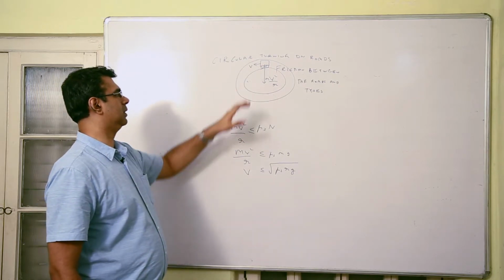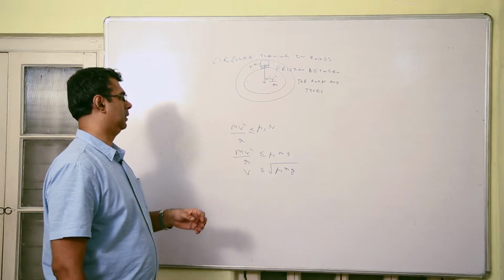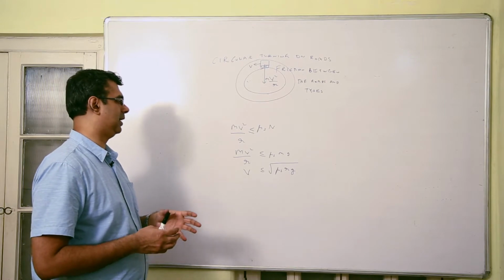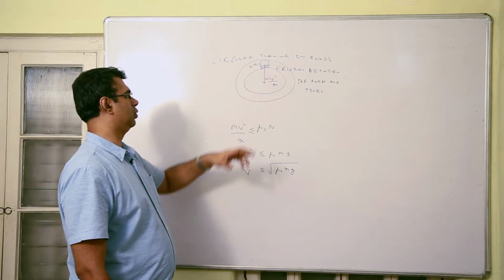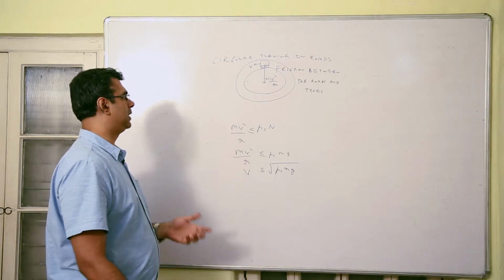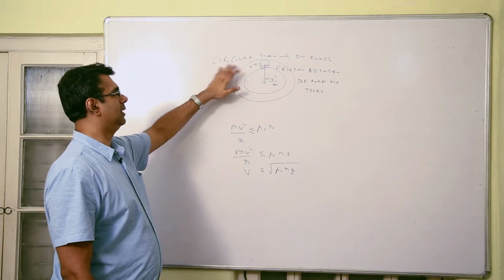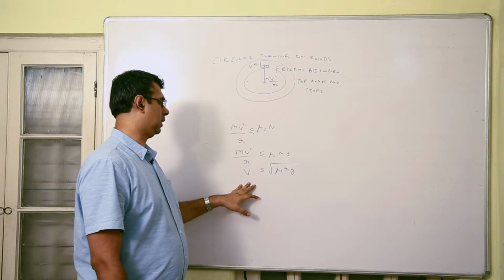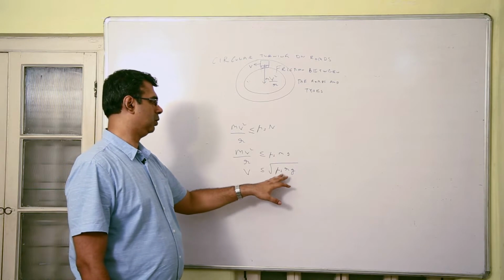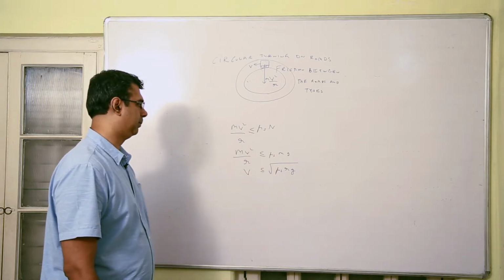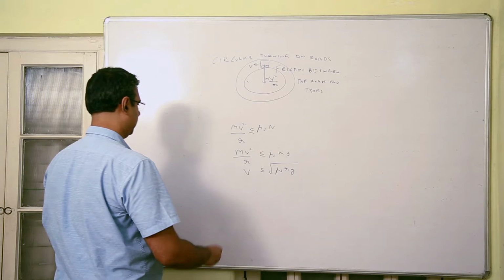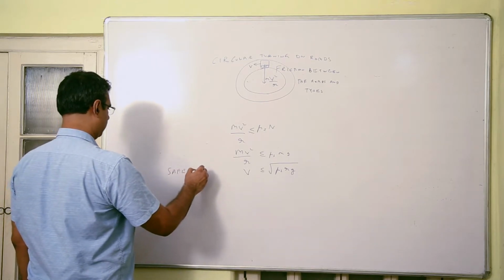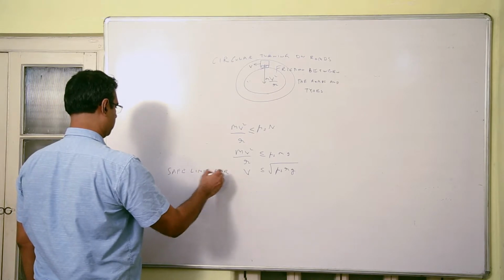But if the speed of the car is too high, then friction will not be able to provide the necessary centripetal force for this car to complete a circular turn, which basically means that the car will skid out of the road. So for a safe turn, the speed of the car should be lesser than equal to root of mu s into rg. So you can say that this is the safe limit for a circular turn.